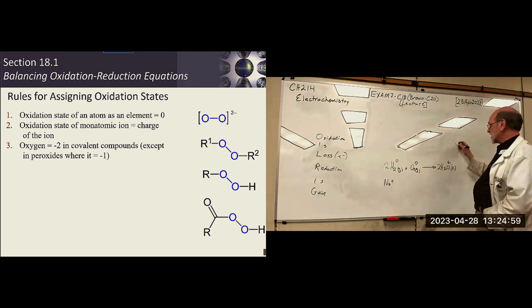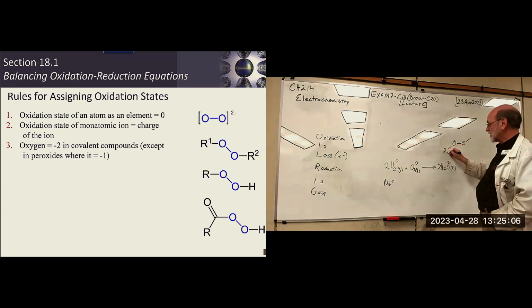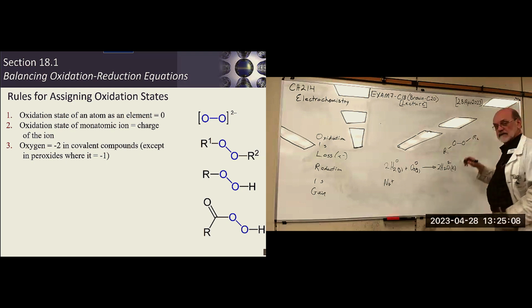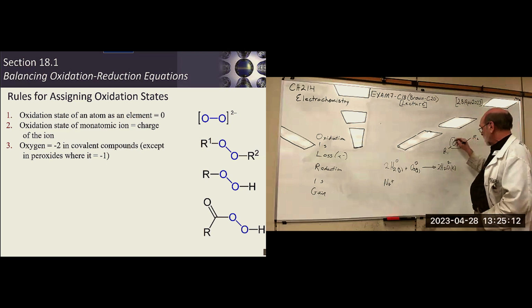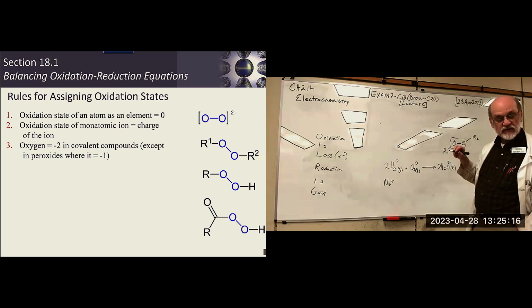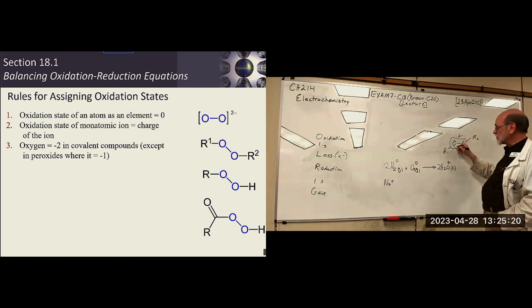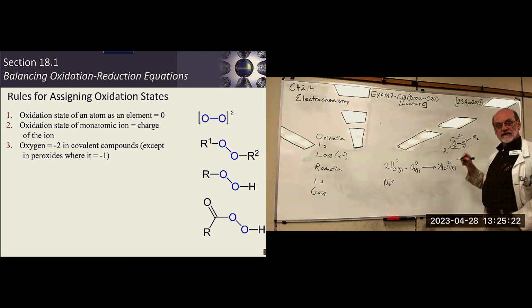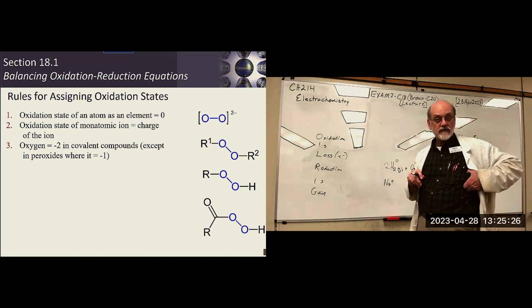A peroxide is any compound that has covalently bound oxygen, and then on either side has some other groups. Doesn't matter what they are. This one right here, that peroxide functional group is 2-, so each one has to be 1- each. That's the only exception to oxygen.